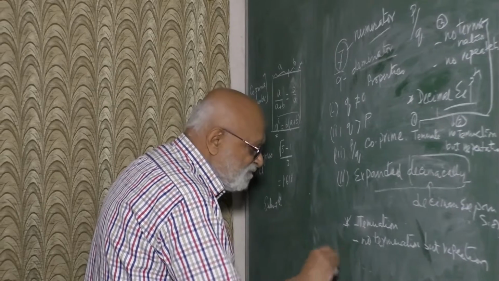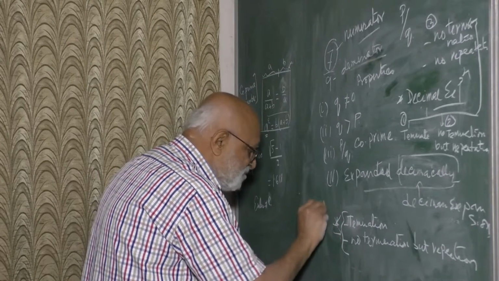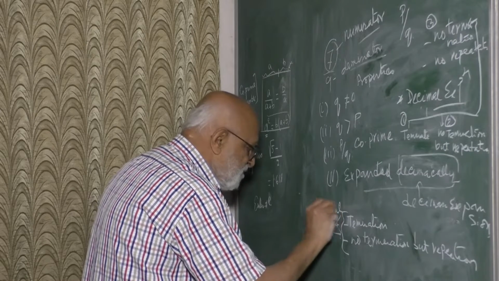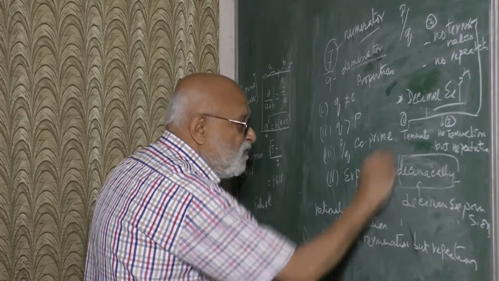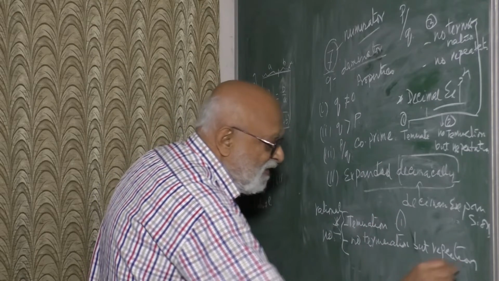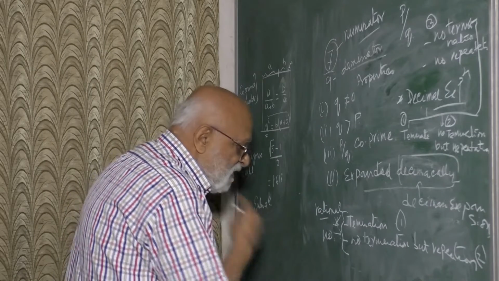These two would be rational numbers. So what we have done is, 1 and 2 will give you rational numbers.